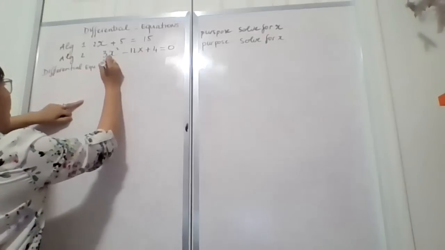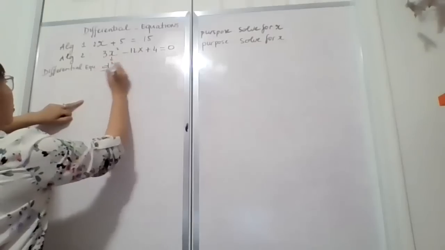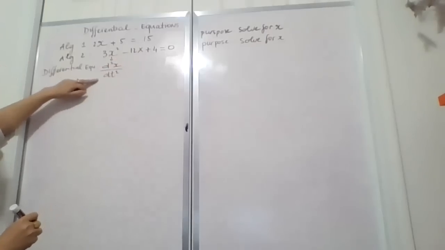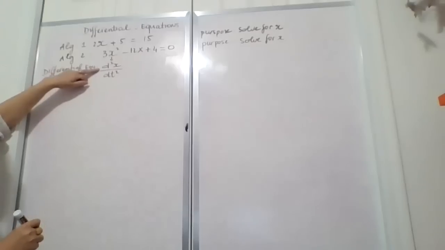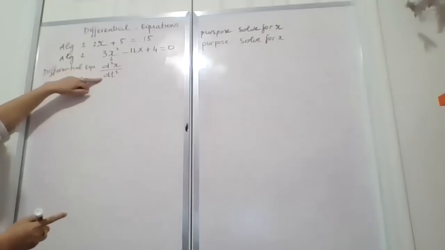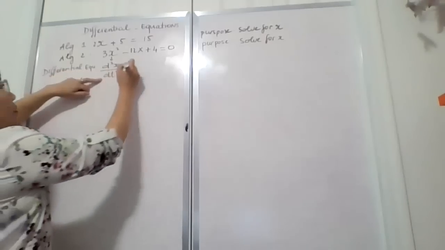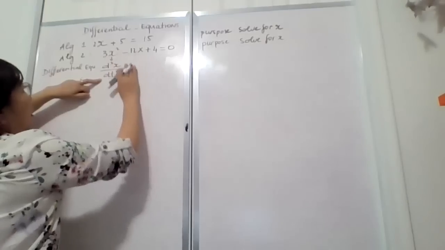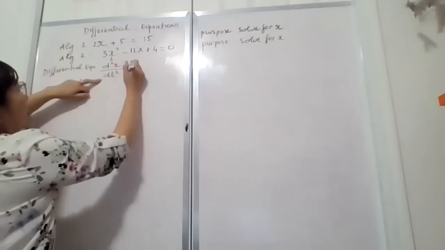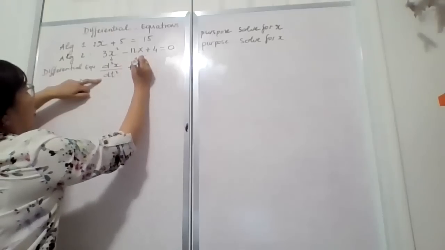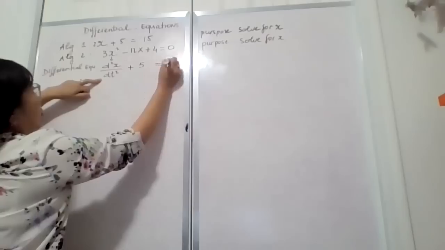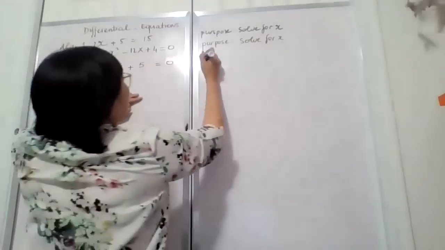You will see something like d squared x over dt squared. What does it mean? This means the second derivative of x with respect to time. And this second derivative, let's say, added to 5 equals 0, something like that.